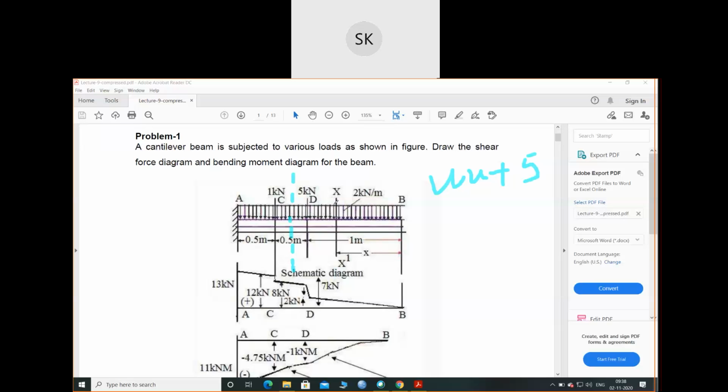For the first section, only the UDL was present, that's why my shear force equation was W into X. When I take the section at this position, the equation becomes W into X plus 5. Again, if I take a section at this position, my shear force will become Wx plus 5 plus 1.